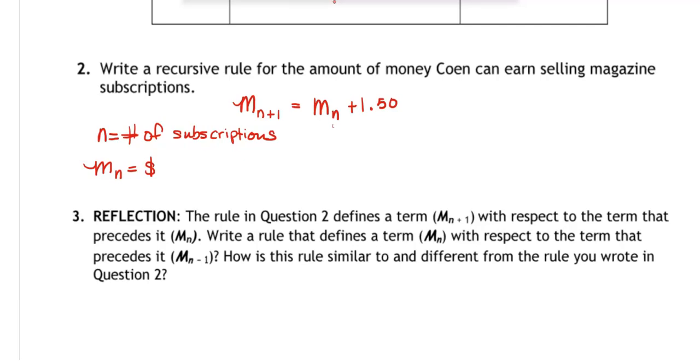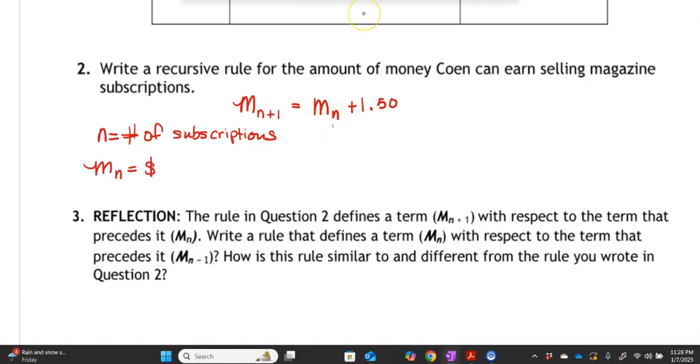So if I'm considering this initial M sub n as my initial term when n is 0, when I've sold 0 subscriptions, then I've made $20. Now, obviously, if I've sold 0 subscriptions, I don't have $20 plus $1.50, right? But that's why M sub n plus 1 is saying this is where I've had 0 subscriptions plus 1.